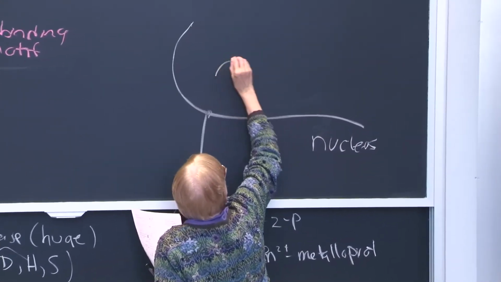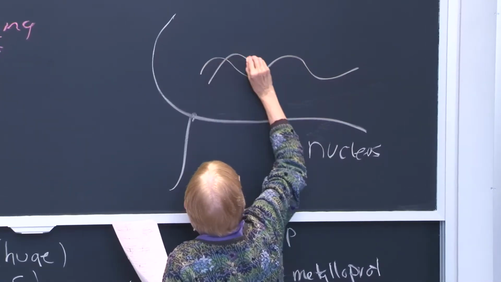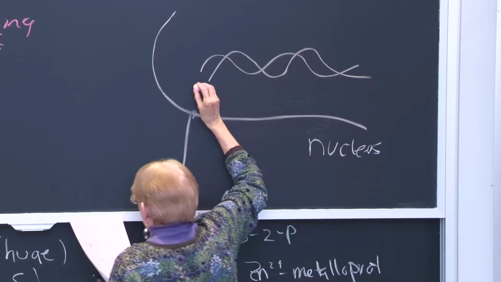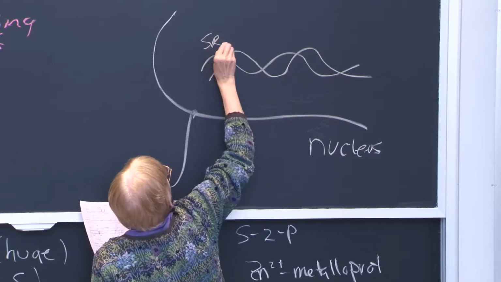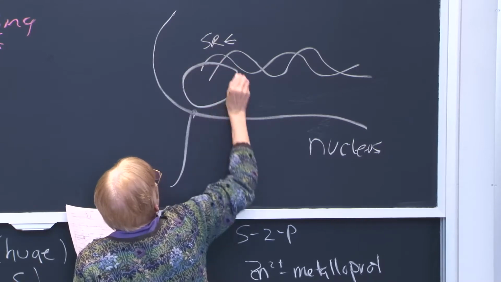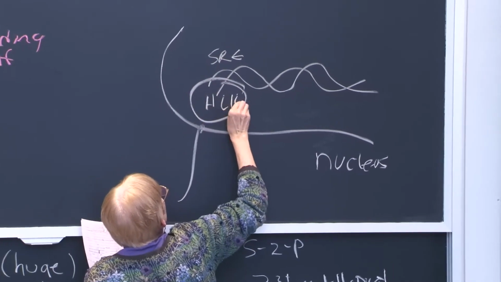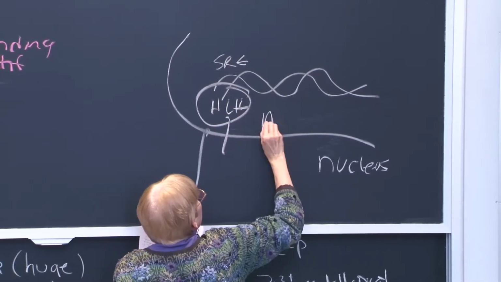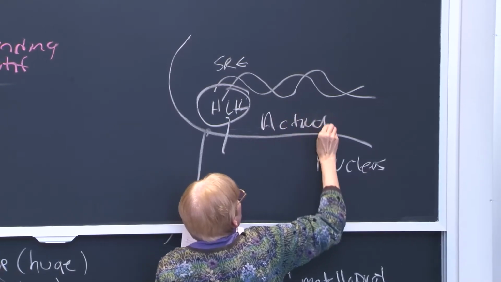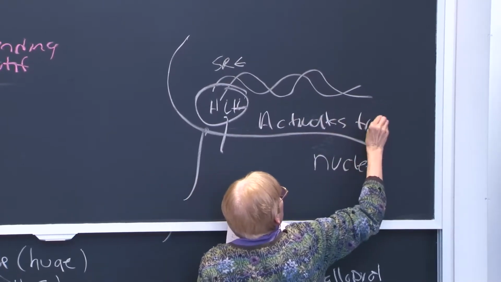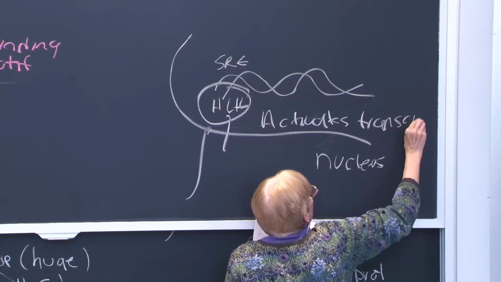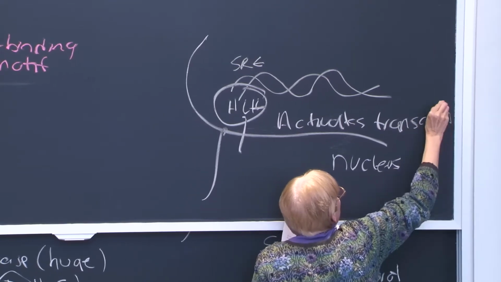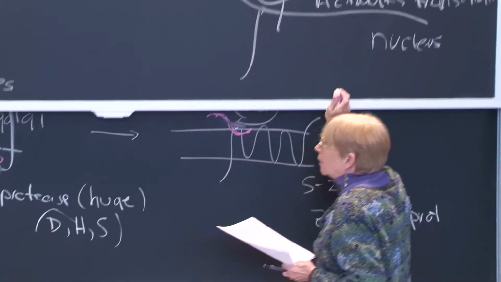And we have our pieces of DNA. Okay, and we have our SRE. And now we have this helix, loop, helix, that activates transcription. Okay, so this is really sort of what I just told you in the other cartoon.